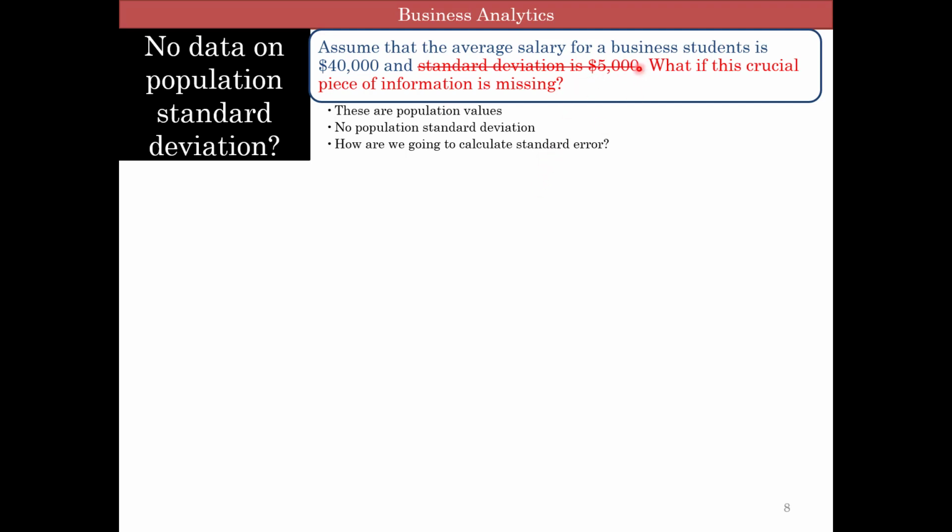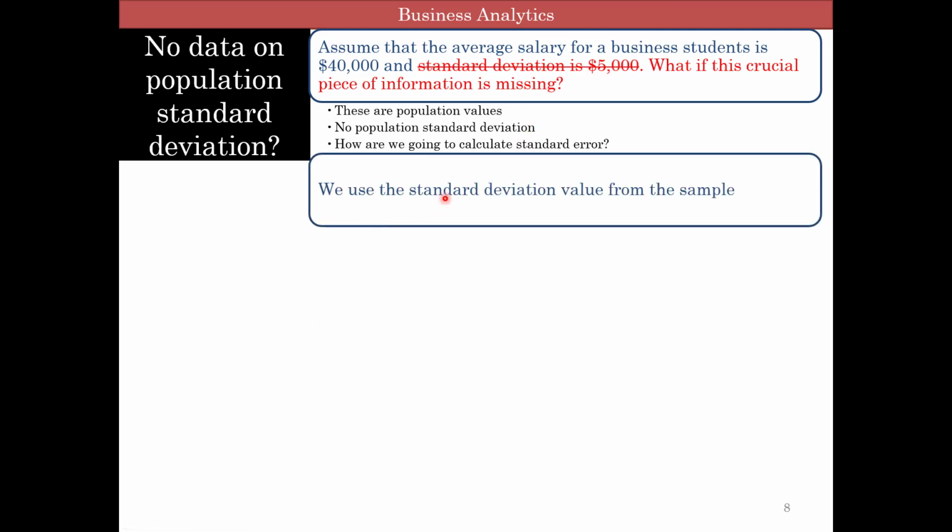Remember, standard error is population standard deviation divided by square root of sample size. If we don't have population standard deviation, then we are going to use the standard deviation which we can calculate from that sample. So instead of population standard deviation, we use sample standard deviation divided by square root of sample size.